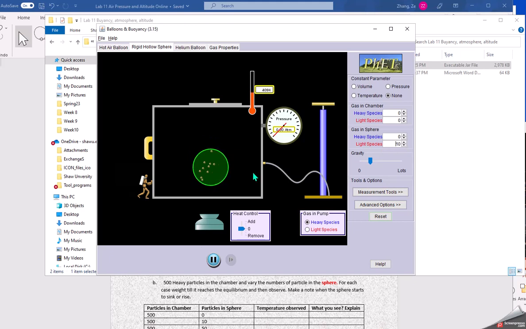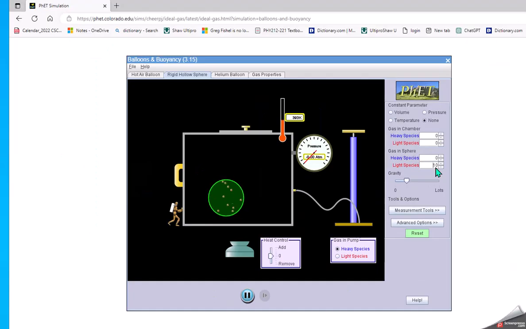So 10 light species, and you will say, well, if I go to higher temperature, it just moves faster. So inject the 10 light species, and you can adjust its temperature and see what happens.